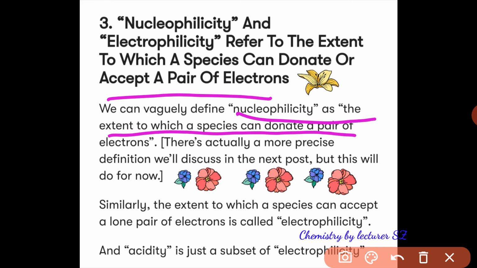And any species that is very eager to accept an electron from a nucleophile would be termed a very good electrophile. So for the extent to which they can donate or accept, a terminology has been developed, that is nucleophilicity or electrophilicity.